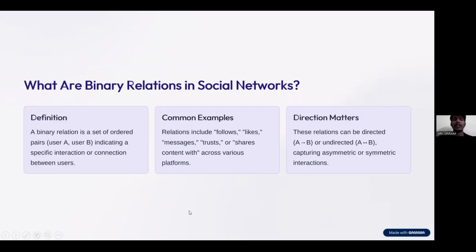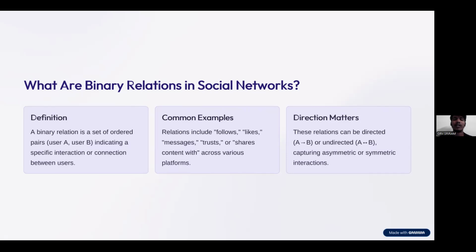What are binary relations in social networks? Definition: a binary relation is a set of ordered pairs, for example, for user A and user B, indicating a specific interaction or connection between users.